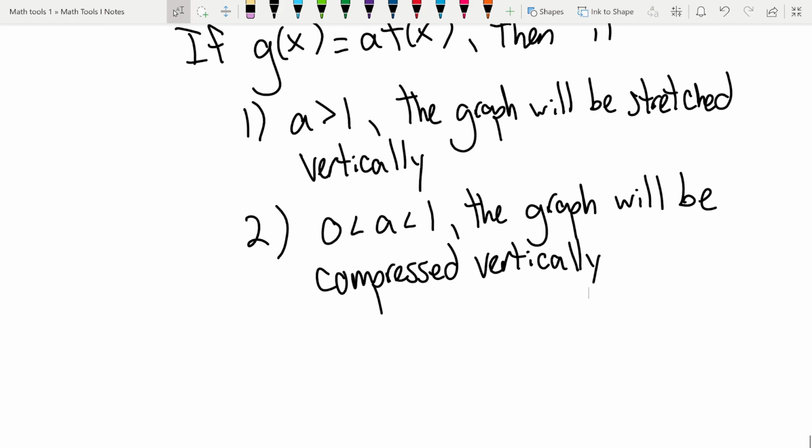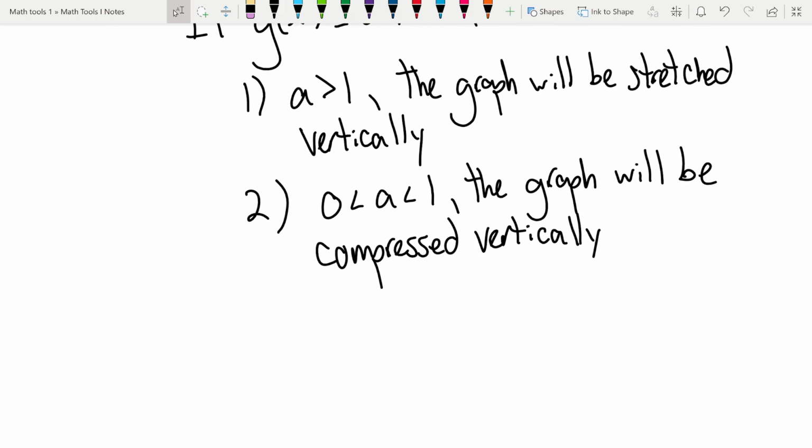Okay, so this is a vertical stretch or compression. Now in terms of where this would fall in the order of transformations, this again is a multiplication step. So it's going to fall in the same category as the reflections, right? We do them all at the same time because they're all just multiplication.